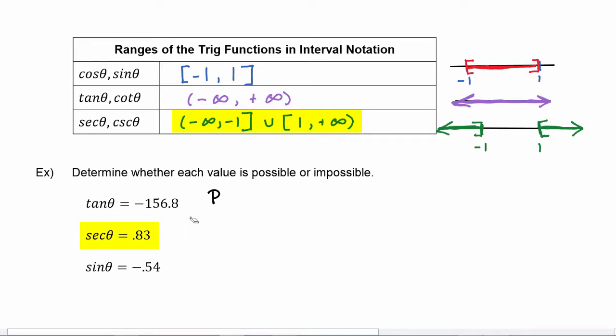So 0.83 would fall in here somewhere where they cannot live. So this one is impossible. And lastly, sine theta is equal to negative 0.54. Negative 0.54 definitely falls within the range. It would be about right here, so that is possible.